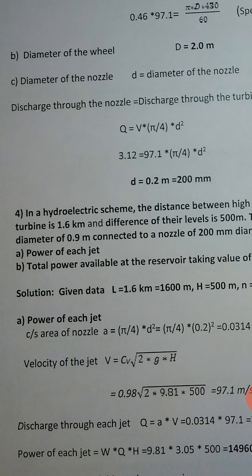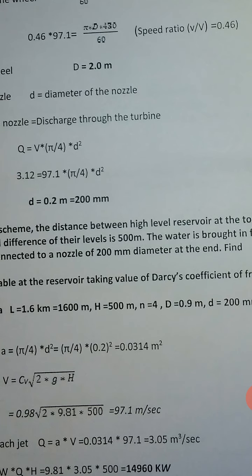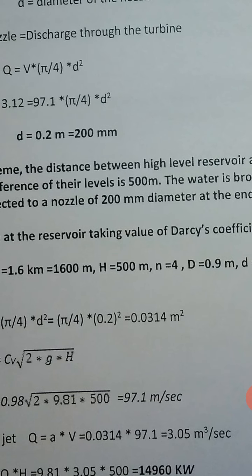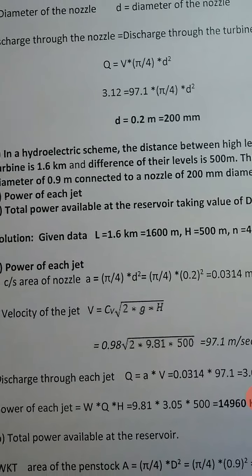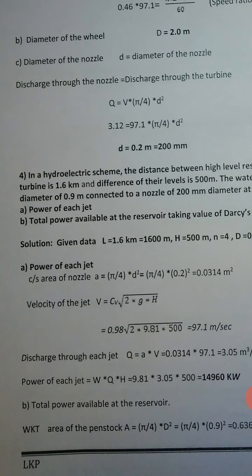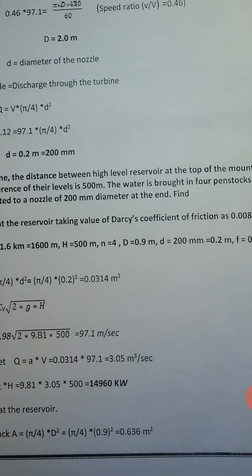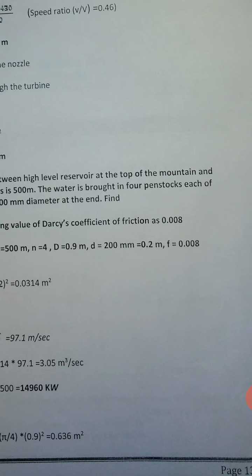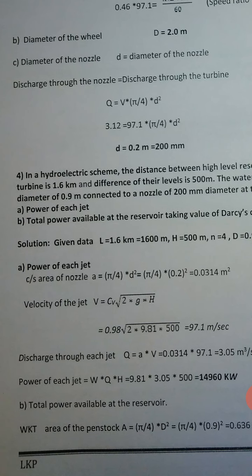Find the power of each jet and the total power available at the reservoir, taking the value of Darcy's coefficient of friction as 0.008. Here the given data are L equals 1.6 kilometers, that is 1600 meters, H equals 500, N equals 4, D equals 0.9, small d equals 200 mm, that is 0.2 meter, f equals 0.008.